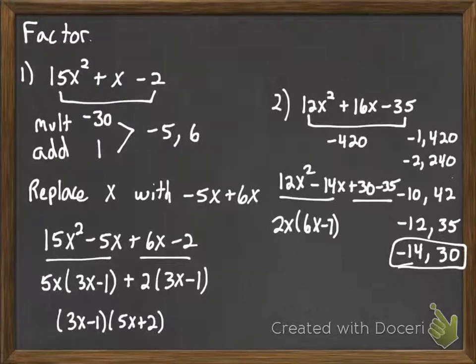I'm sorry, I made a little typo there, that should be 30x. With 30x and 35 we can pull out a 5, and again have the 6x minus 7, and then the 6x minus 7 shows up in each. Pull that out, and we have our 2x plus 5.